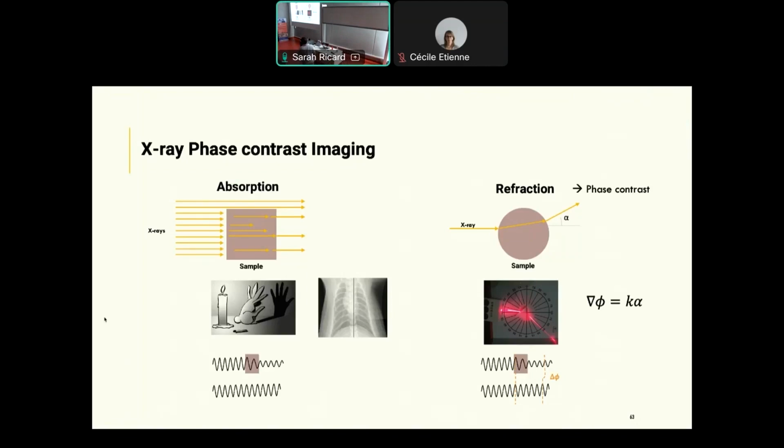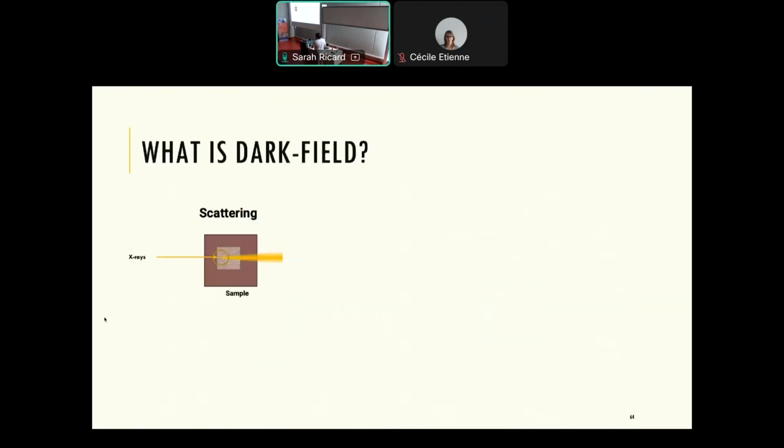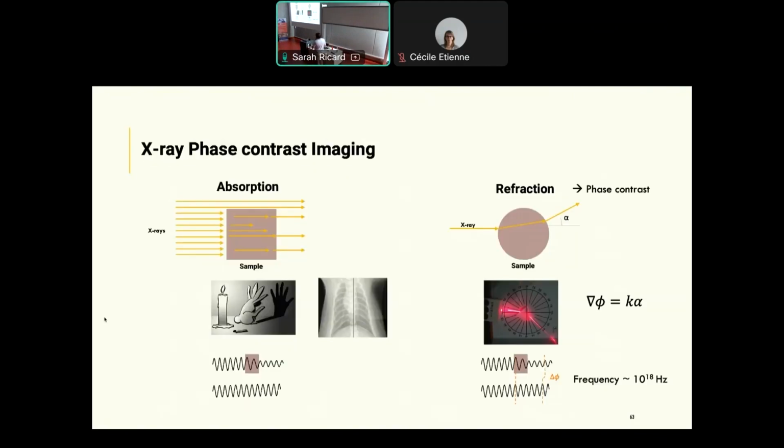This phase contrast comes from this refraction. But the problem is that the frequency of the phase of X-rays is 10 to the 18 Hertz, so it's not possible to detect it directly. And to do such a thing, we're going to see how we do it.